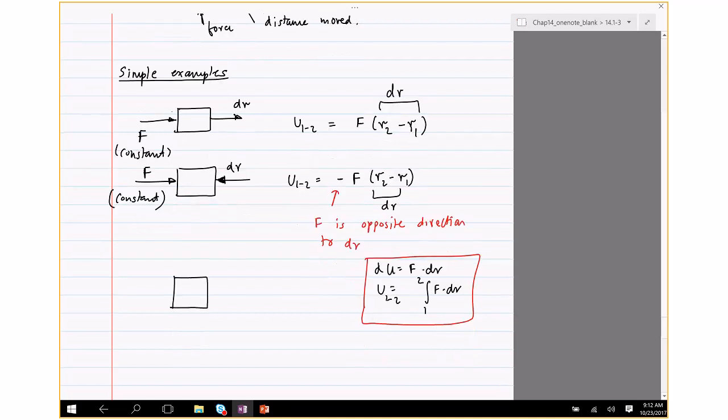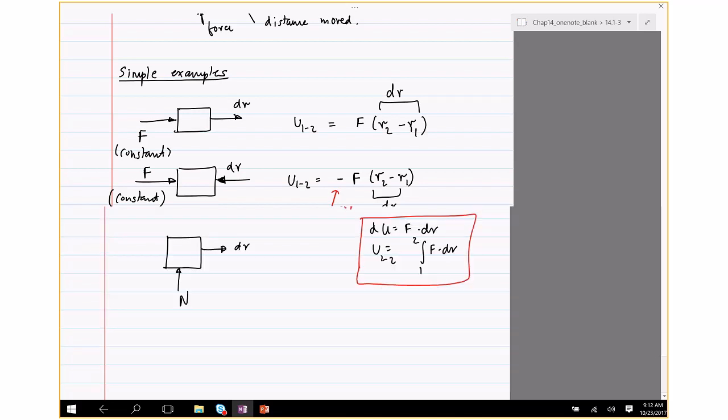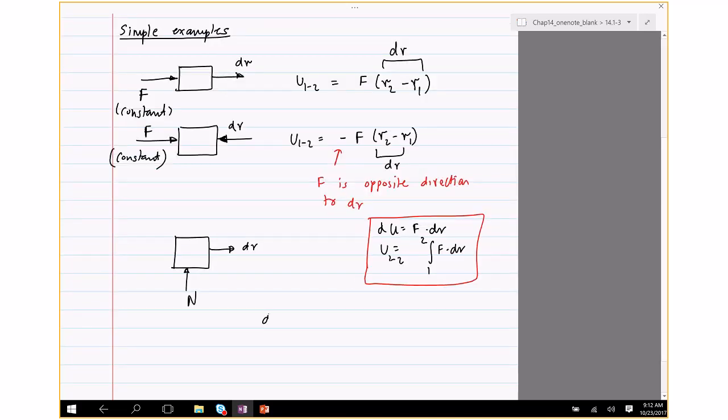Okay, the final thing is work done by normal force, right? A normal force acts because this block is placed on, say, a table. So what's the work done due to N? dr is to the right or left, doesn't matter.